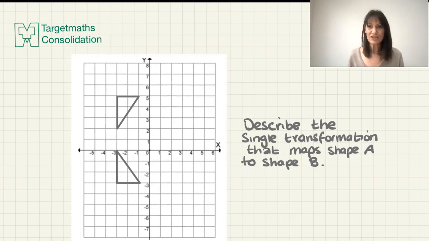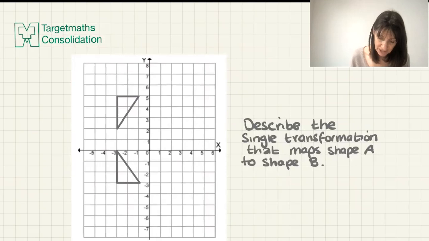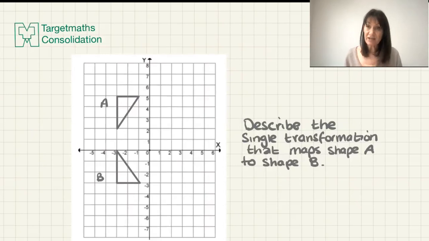Okay, so the first question is on the screen and it is slightly different. You are not being asked to do something to that shape. It's already happened. And instead, you're being asked to describe the single transformation that maps shape A to shape B. So we're going to call this shape A, and we're going to call this shape B. Now, I know we haven't done this, okay, but I know you have the knowledge.